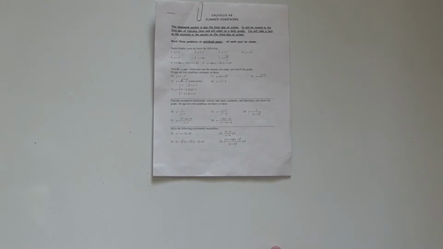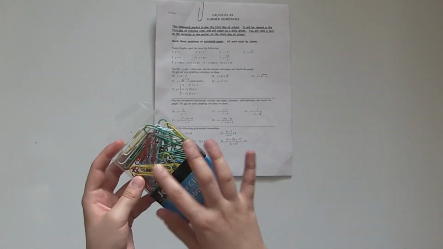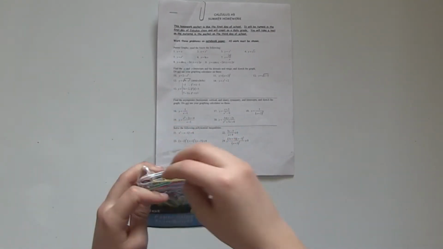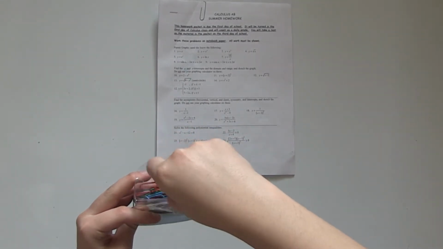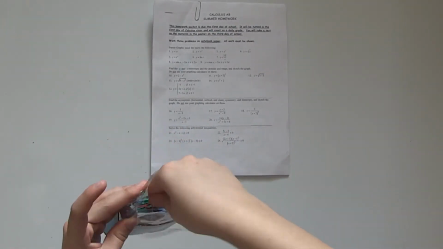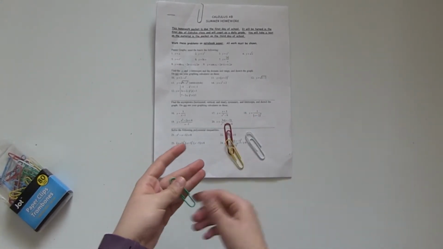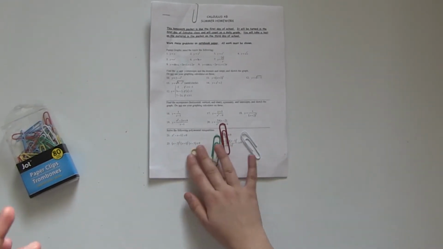So all we need for right now is some paper clips. I got these from the dollar store. They're really cheap, but you have to get the colored ones because there's a point to that. There is red, white, yellow, and green. And there's blue in there, but I just use the blue for the function of a normal paper clip.